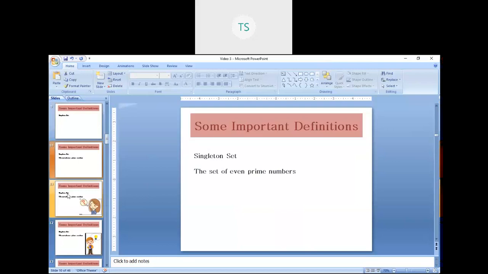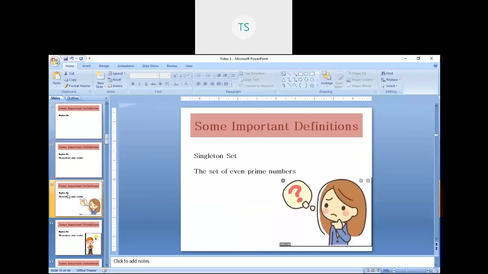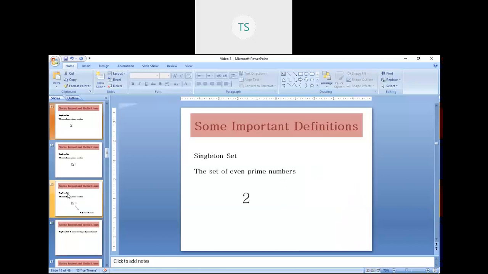So in this particular set, we will have only one element, that is the number 2. 2 is the only even prime number, and we will represent this set as curly bracket 2. Within this curly bracket we will write 2. So we will have only one element, and that's why it is a singleton set. We will write the definition of a singleton set as: a set containing only one element is known as a singleton set.